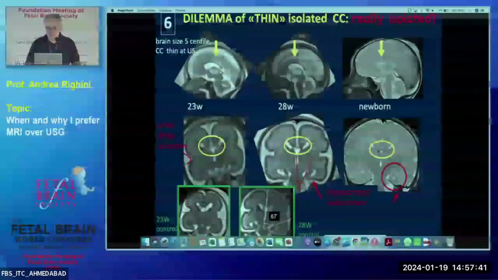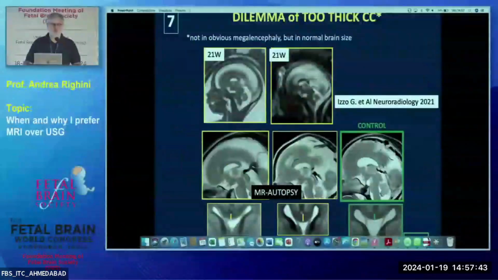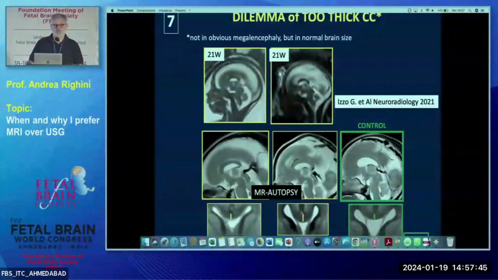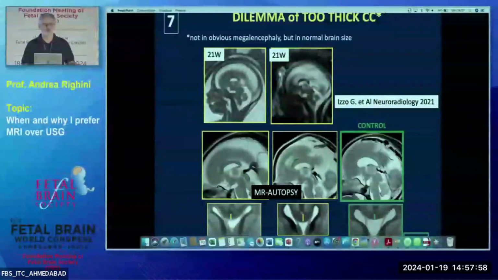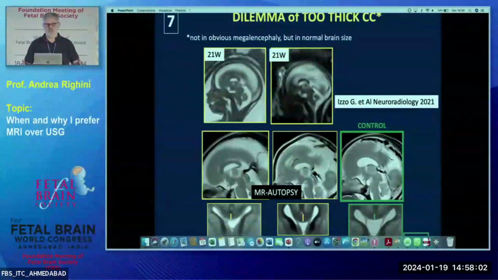Another dilemma that was addressed in the morning and yesterday is the so-called thick corpus callosum. The big issue, no solution. Nobody has the solution to this problem because it's not so frequent. Probably we'll see it more and more because sonographers with their marvelous latest generation machines can really see things that, I mean, I was really astonished in the morning and also yesterday by the level.